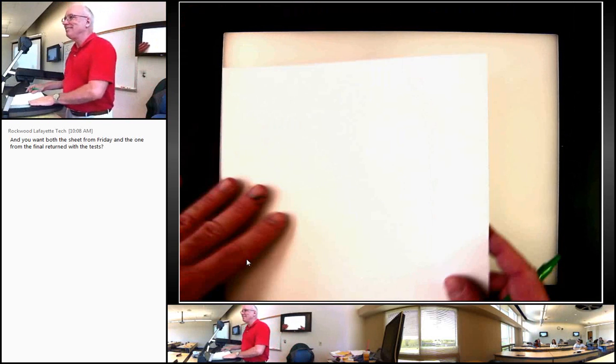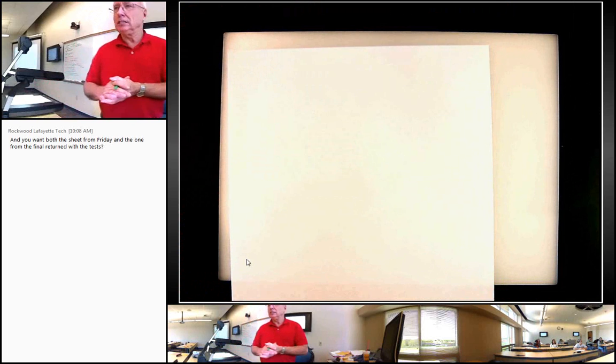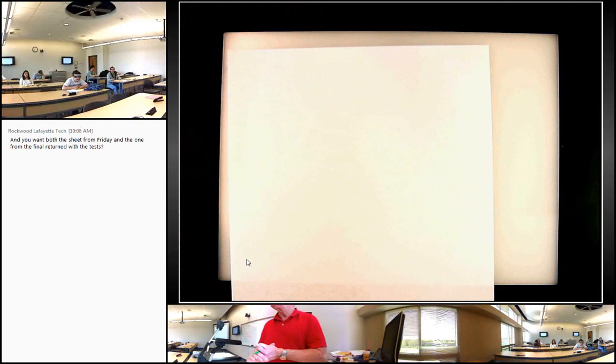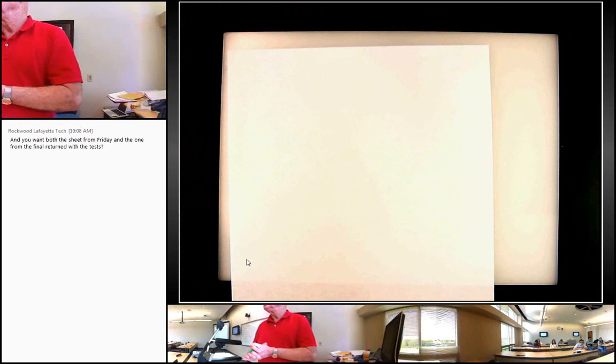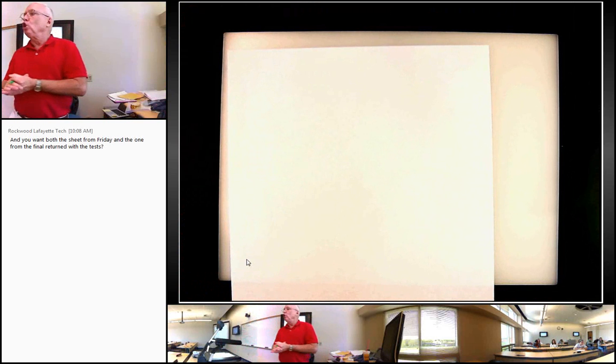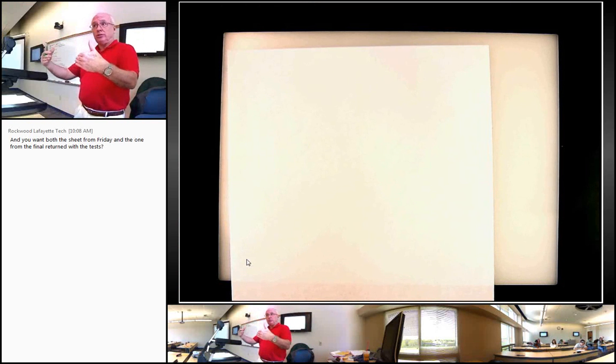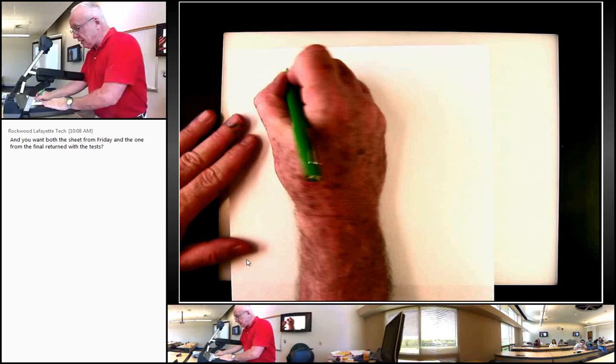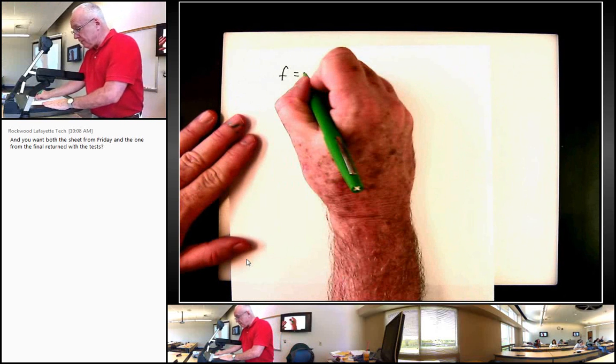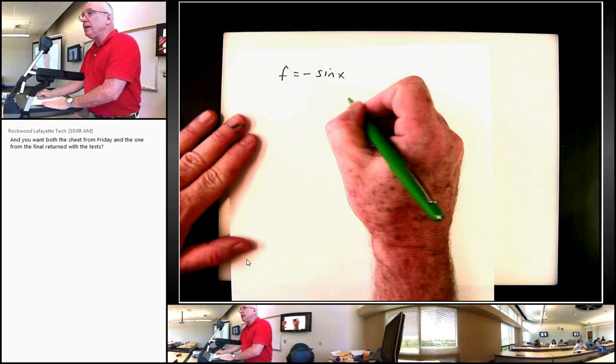I didn't really ask any takers, very separate and integral. If you have the same thing but one's positive and one's negative, do they cross out? Okay. In other words, you do those partial integrals. Is that what you're talking about? Let's put as an example, one f is equal to, say, minus sine of x.